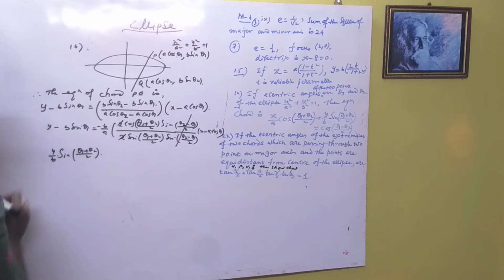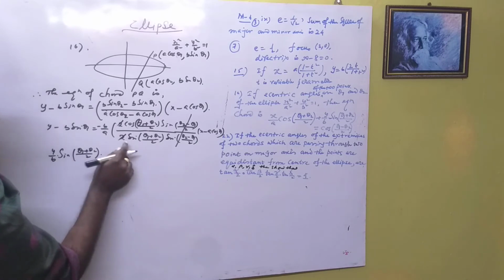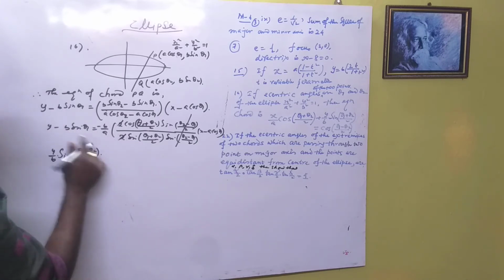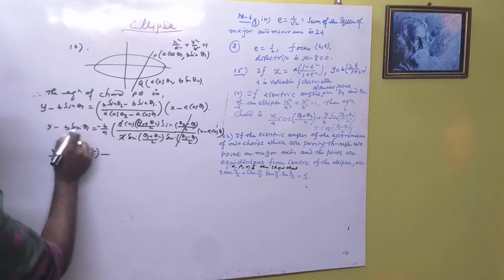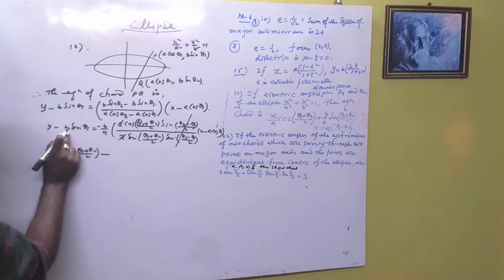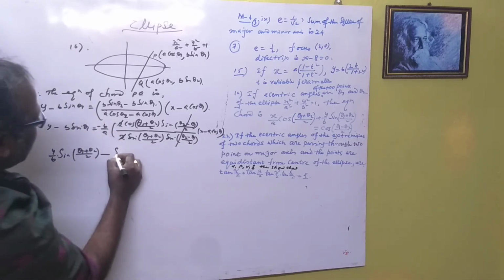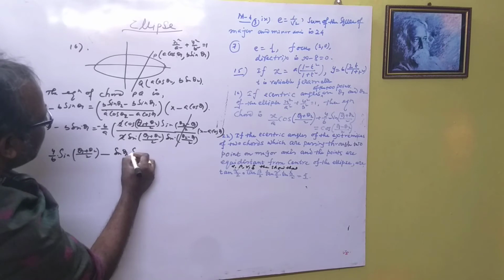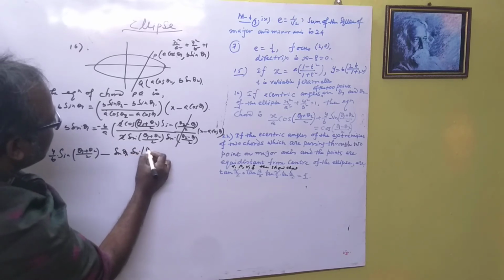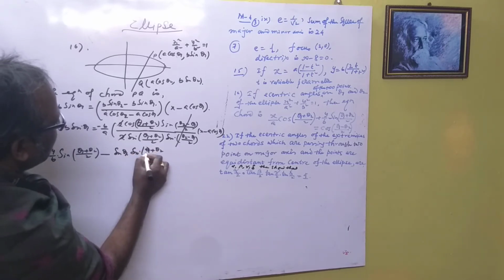If we divide by b, the b's cancel, and these are multiplied, so sin theta 1 into sin of (theta 1 plus theta 2) by 2.